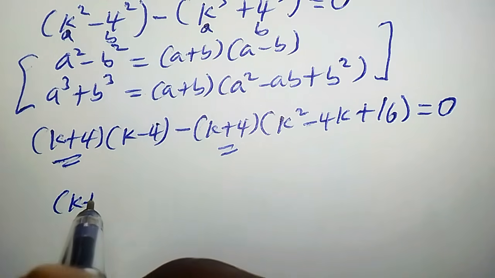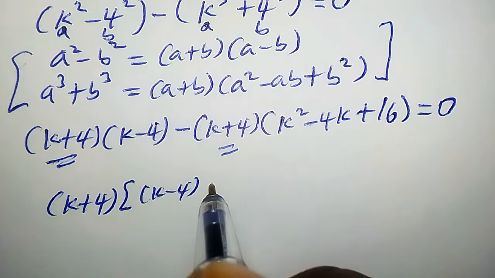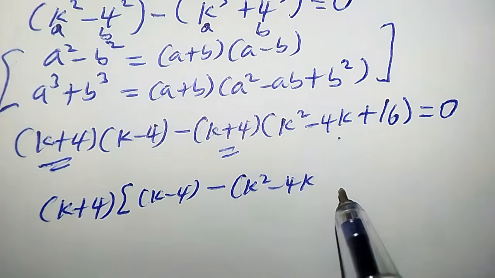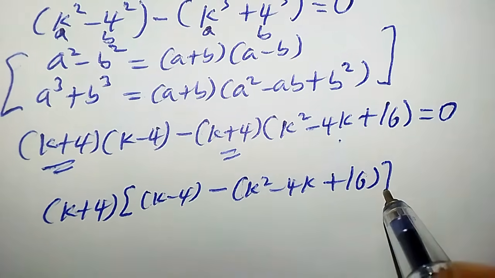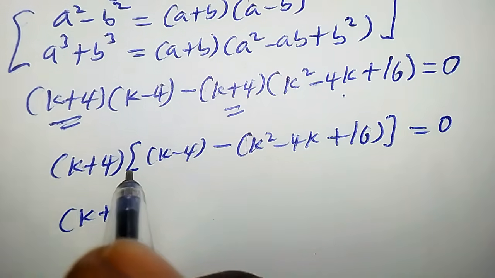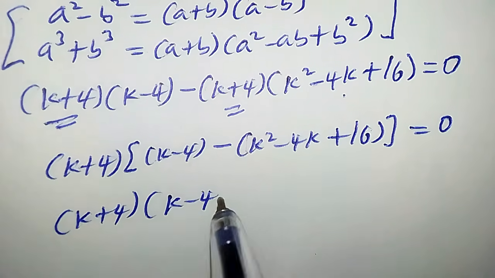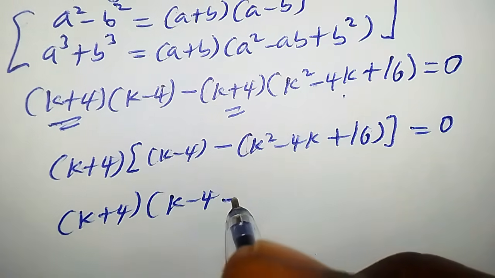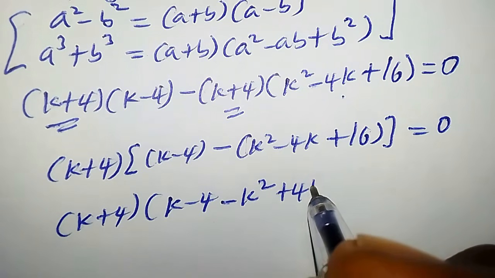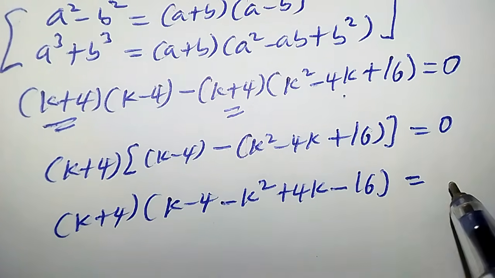So I have k plus 4 into k minus 4 minus this k square minus 4k plus 16 equal to 0. k plus 4, let's drop the square brackets, times k minus 4 minus times k square, that is minus k square, minus times minus 4k, that is plus 4k, minus times 16, that is negative 16, equal to 0.